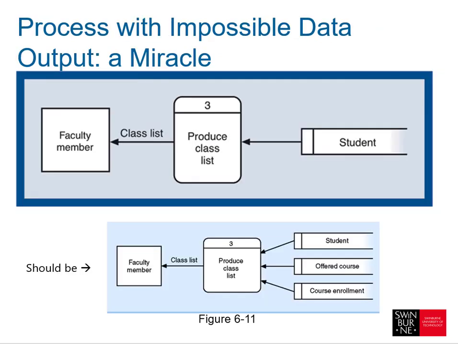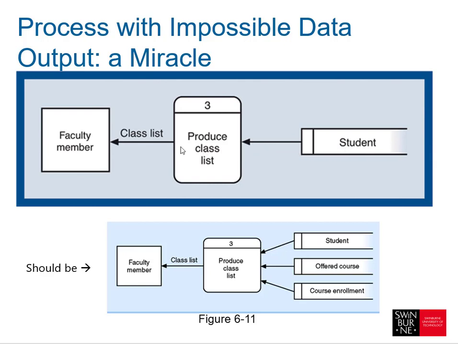Now this is an example of a miracle, or a process with an impossible data output. Now let's go through this process. This process is producing the class list, and that class list goes to the faculty member external agent. So what this business analyst does, in order to produce the class list, is read the student information. So can we produce a class list by reading only the student information?